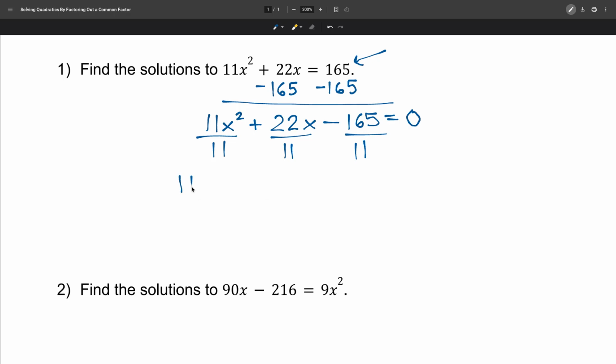So we can divide it out. We're going to rewrite this as 11 times x squared plus 2x minus 15, and that's equal to 0.